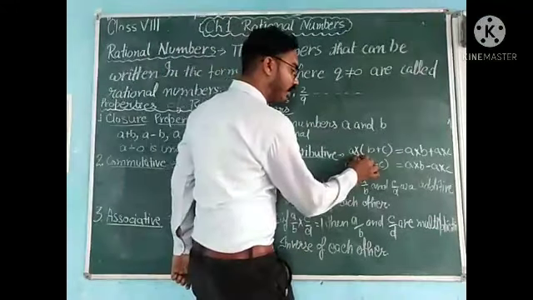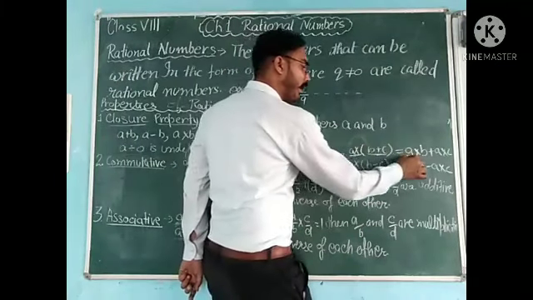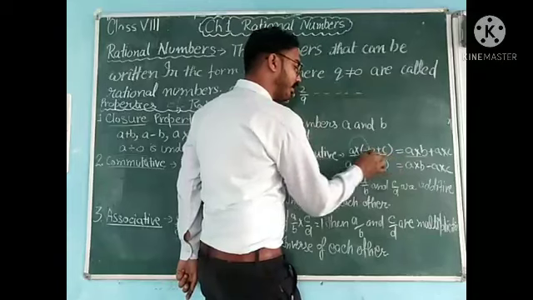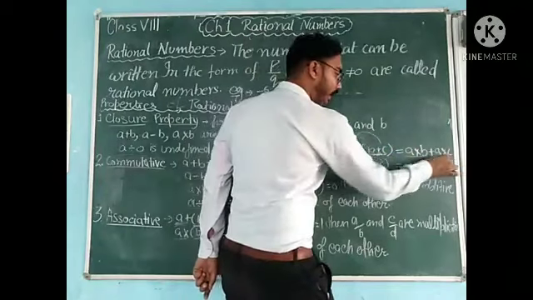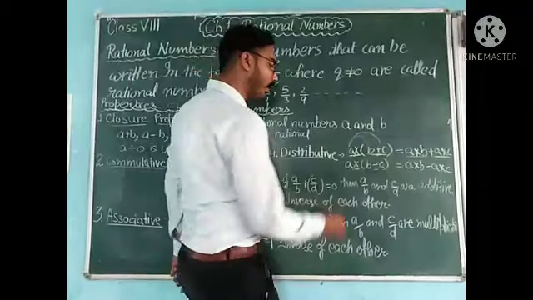So if we are provided in such a way that a is multiplied by b plus c, or we can say b plus c is multiplied by a, then we can also write it as a multiplied by b plus a multiplied by c. This is the distributive law.